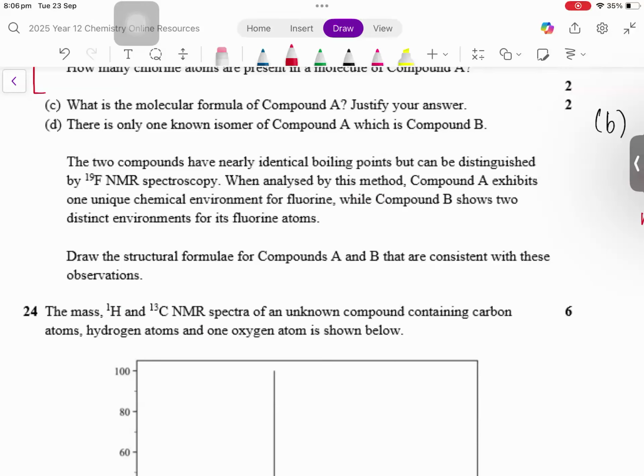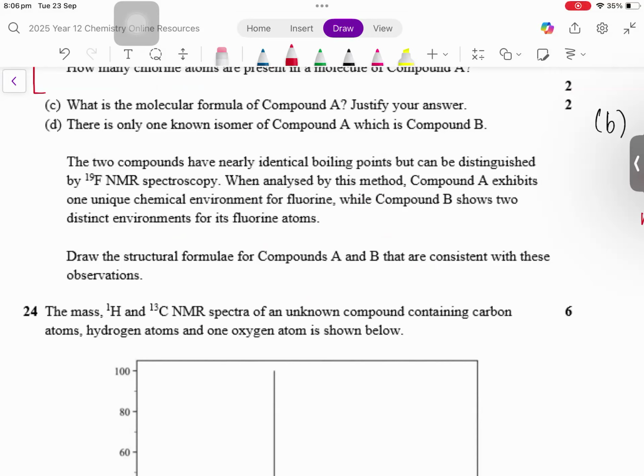When analyzed by this technique, compound A exhibits one unique chemical environment for fluorine, while compound B shows two distinct environments for its fluorine atoms. Draw the structural formulae for compounds A and B that are consistent with these observations.